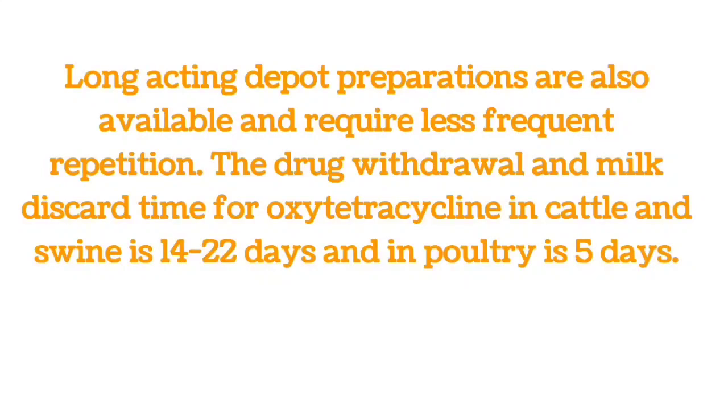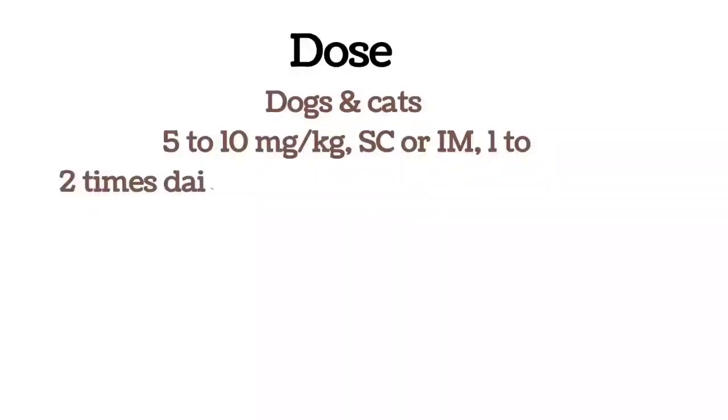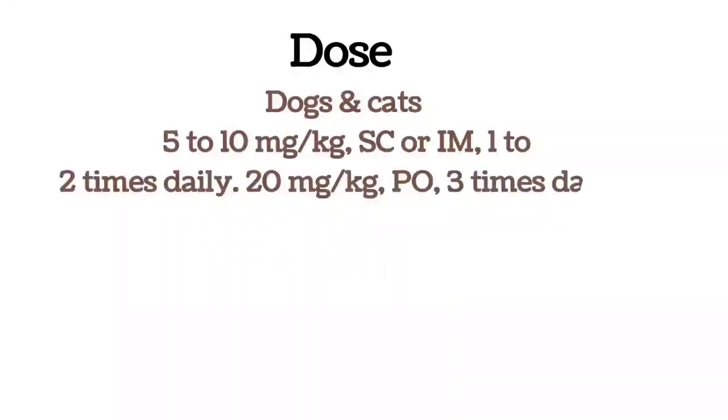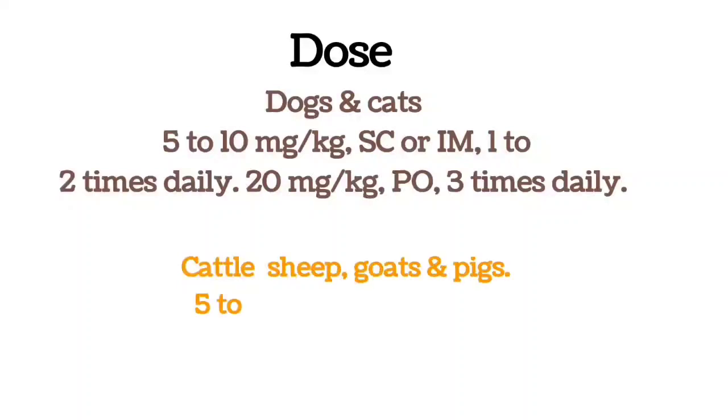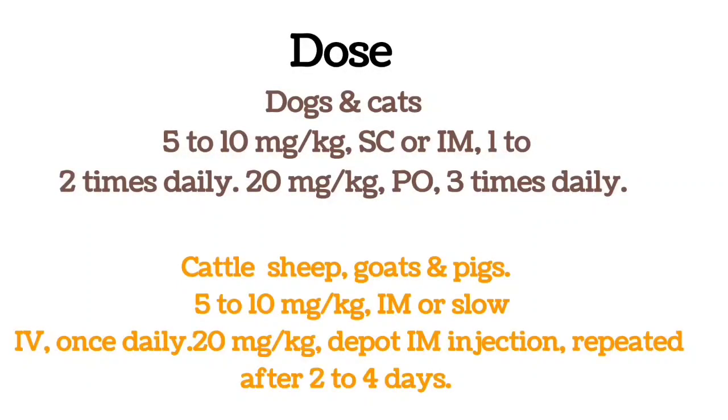Dose: dogs and cats, 5 to 10 mg per kilogram, SC or IM, 1 to 2 times daily; 20 milligrams per kilogram, PO, 3 times daily. Cattle, sheep, goats and pigs, 5 to 10 milligrams per kilogram, IM or slow IV, once daily; 20 milligrams per kilogram, depot IM injection, repeated after 2 to 4 days.